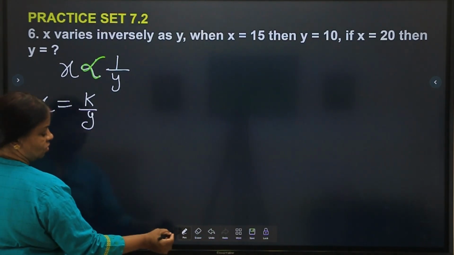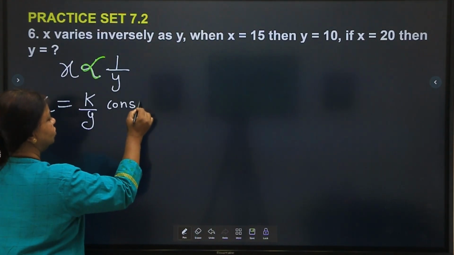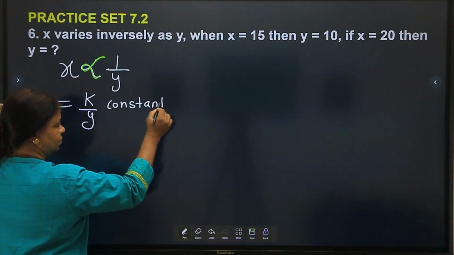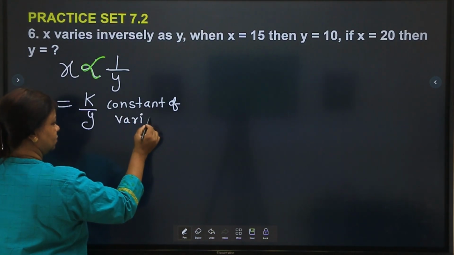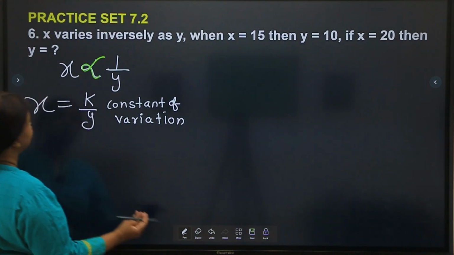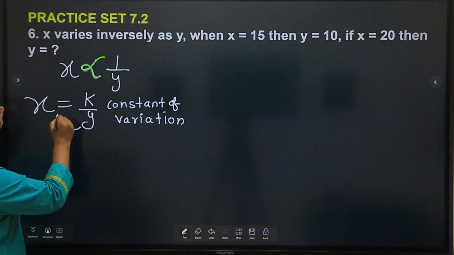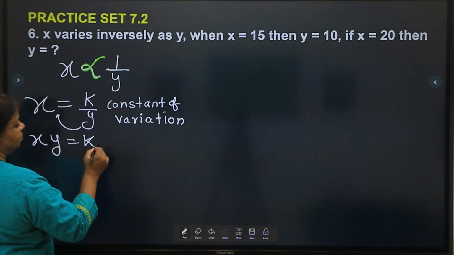What is k? Constant of variation. Now y will go with x. So x into y is equal to k.